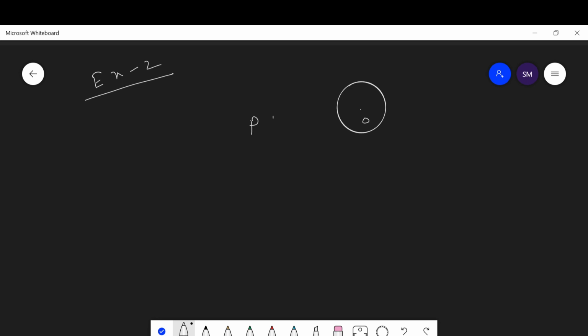The distance between O and P is given as 13 centimeter. The tangent touches the circle at the point T, and the length of the tangent PT is given as 12 centimeter. Here we have to find the radius of the circle.